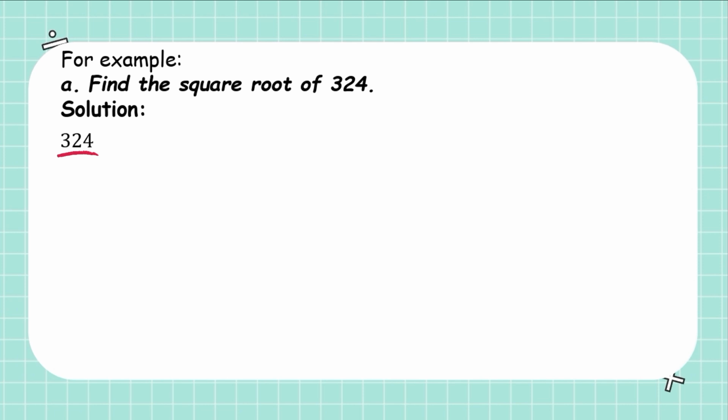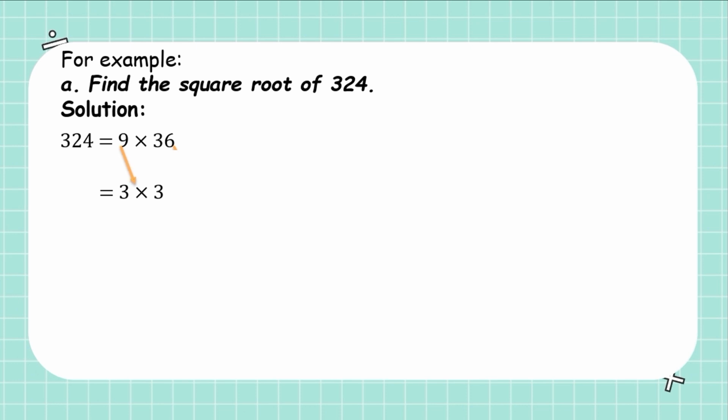We can write 324 as 9 multiplied by 36. 9 and 36 aren't prime numbers, so let's reduce 9 further. 3 multiplied by 3 is 9. So 3 is a prime factor.